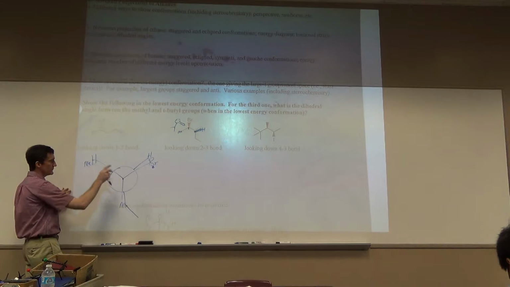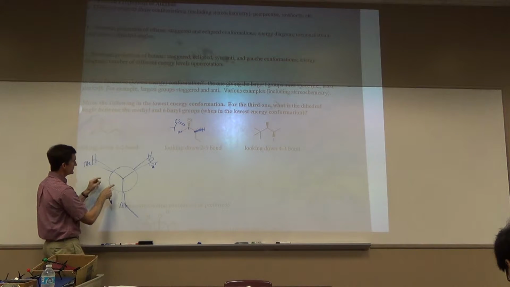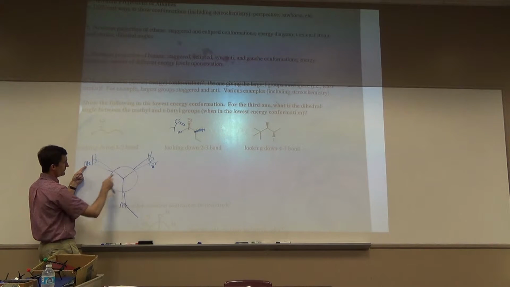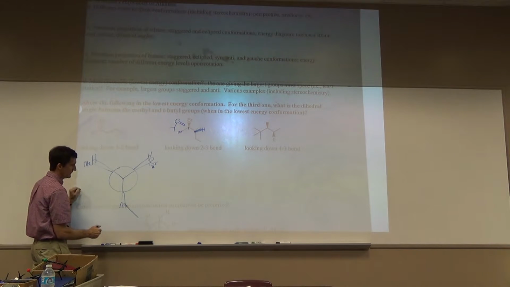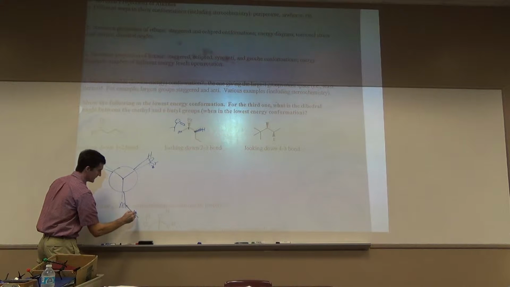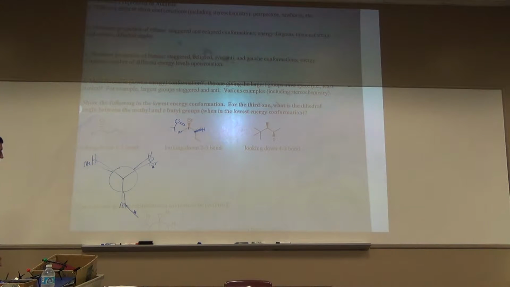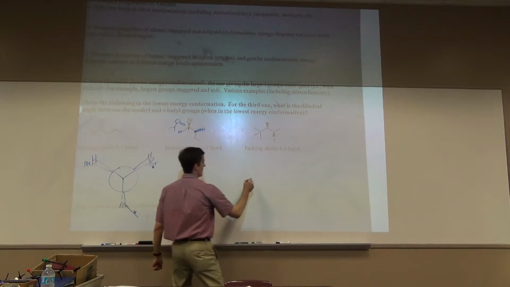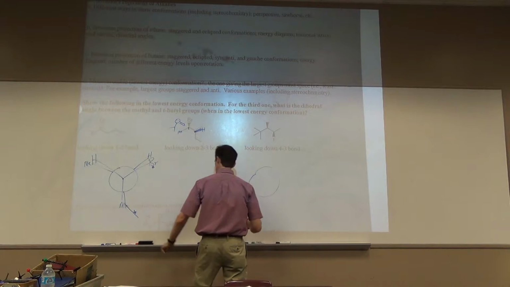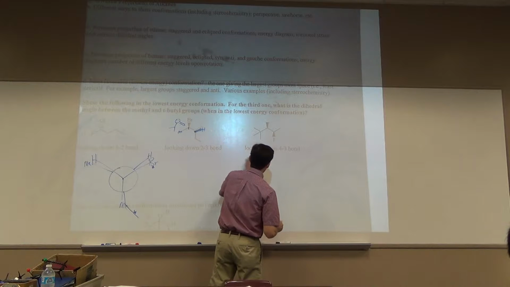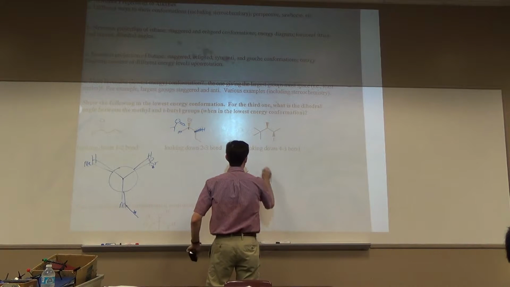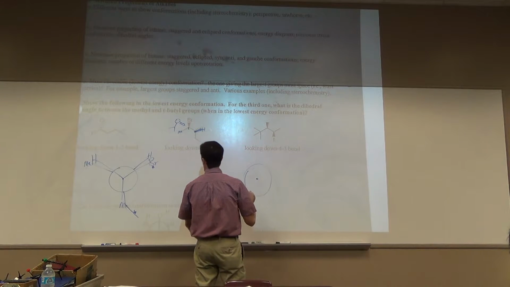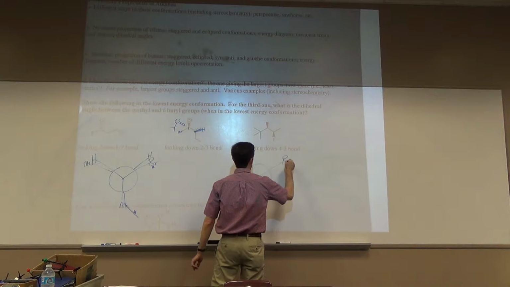But I'm saying the bromine is bigger than the methyl. What's the biggest on the back carbon? Methyl, H, or ethyl? Ethyl. So then we can rotate it. I'm going to leave the front the same, so I can redraw it with an actual circle.